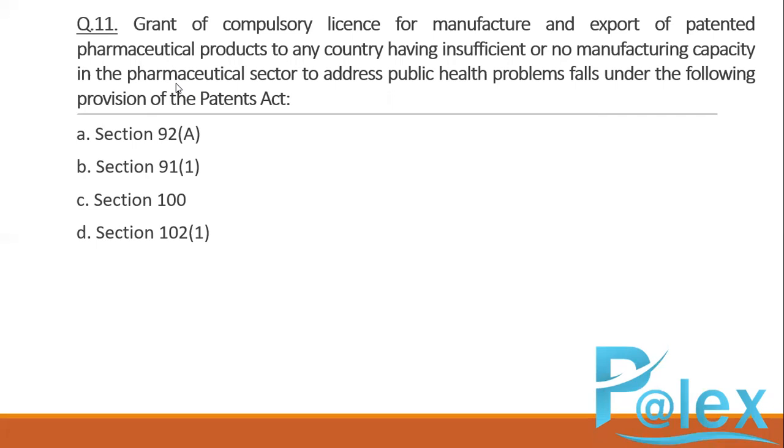So granting of a compulsory license for export, in those countries wherein there is an insufficient or no manufacturing capacity, and it is to address the public health problems. This comes under section 92A, under which the pharmaceutical products for the export purpose.